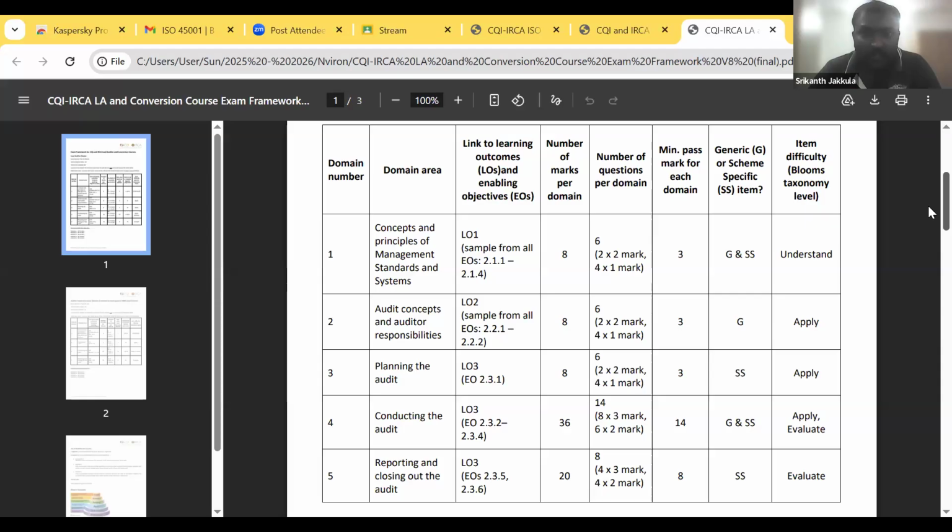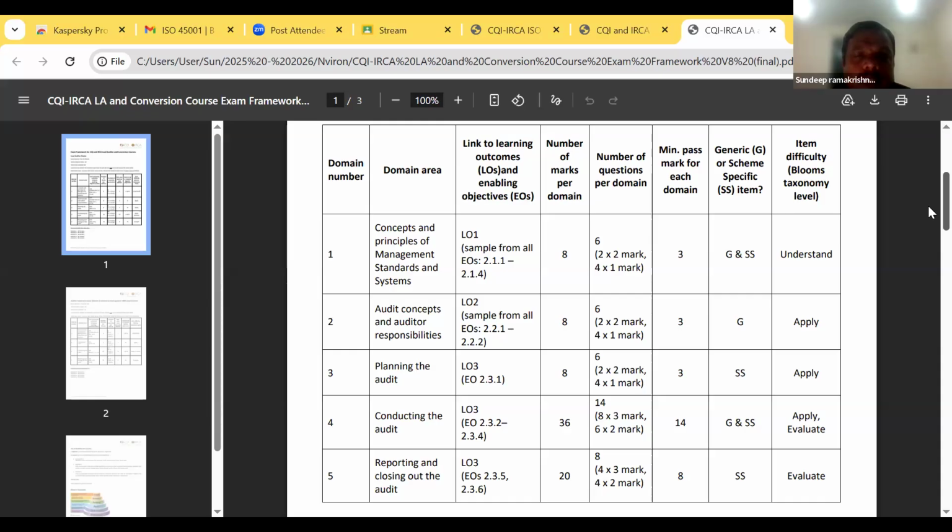Can you explain the LO, EOs, enabling objectives, and generic scheme specific, sir? They are linked to the learning outcomes of the training. Whatever we have been discussing in audit, say concepts and principles of management systems, based on the learning objectives in all the exercises, we have given you the learning objectives and the enabling objectives.